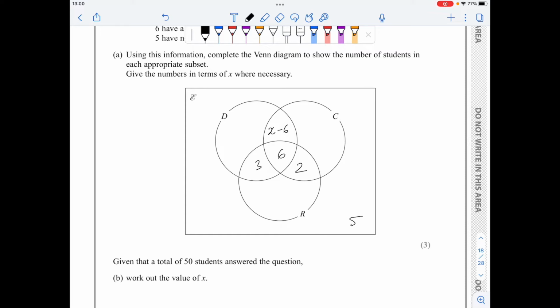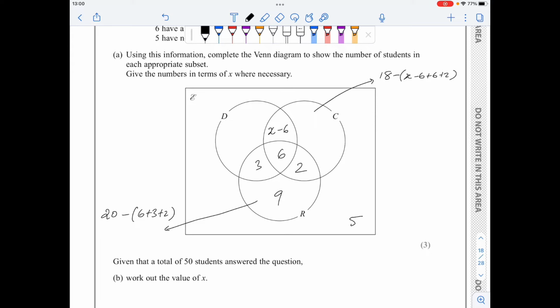20 have a rabbit, so this region here would be 20 minus 6 plus 3 plus 2. This will give me a 9. 18 have a cat, so this region here is equal to 18 minus x minus 6 and 6 and 2.